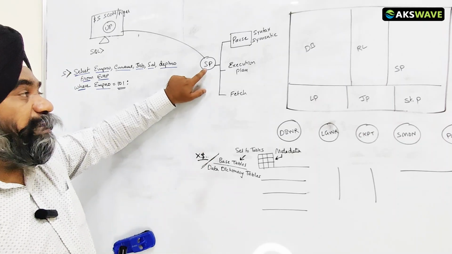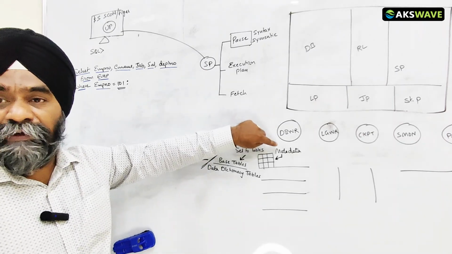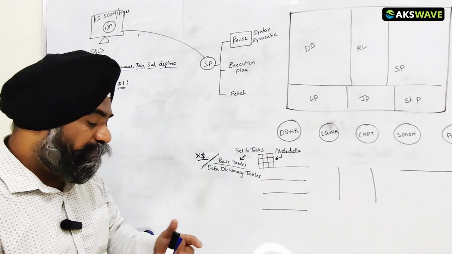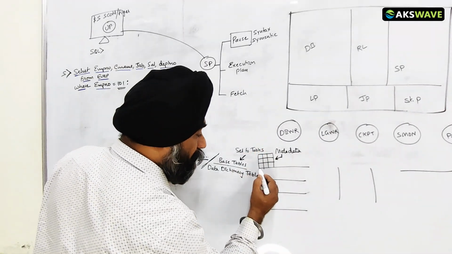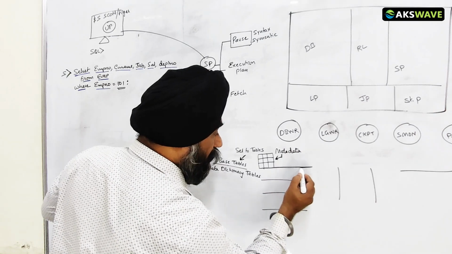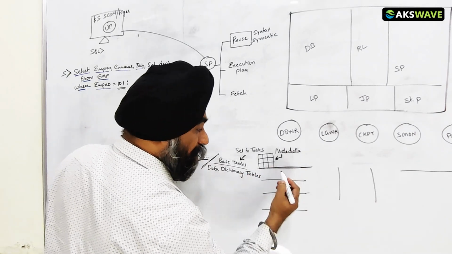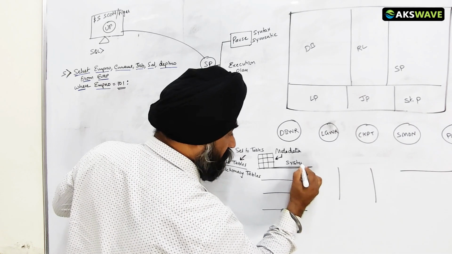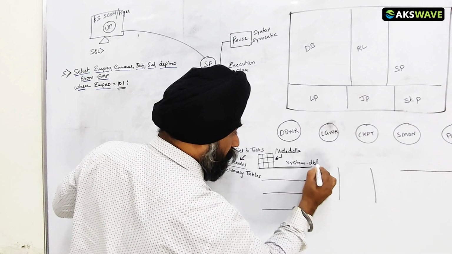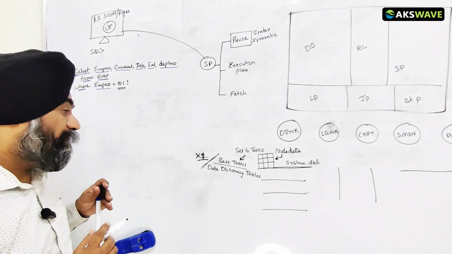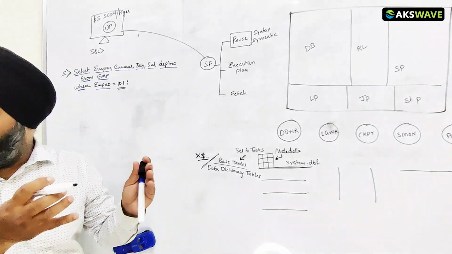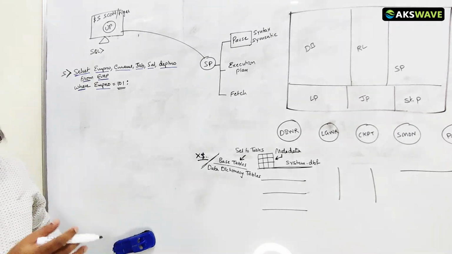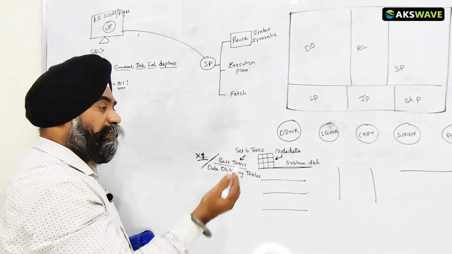Now my server process needs this metadata. Where is this metadata? In a set of tables. Where are those tables? In a data file. By default, this data file is named the system data file, system.dbf.